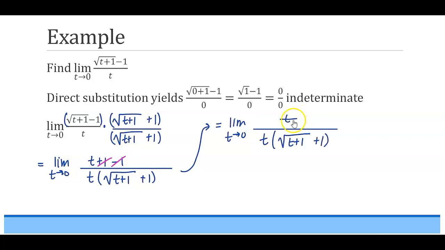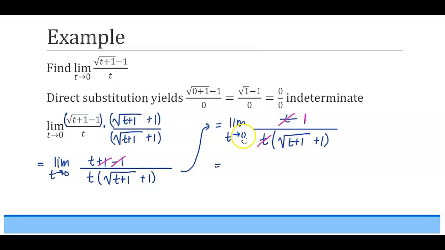Well, the t in the numerator and the t that's being multiplied in the denominator are going to cancel out. Now, if I cancel those out, when we say cancel, we mean they become a 1. So t over t is really just a 1. So there is a 1 left over in the numerator.